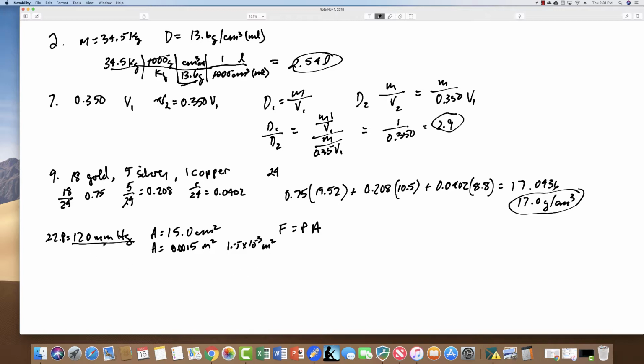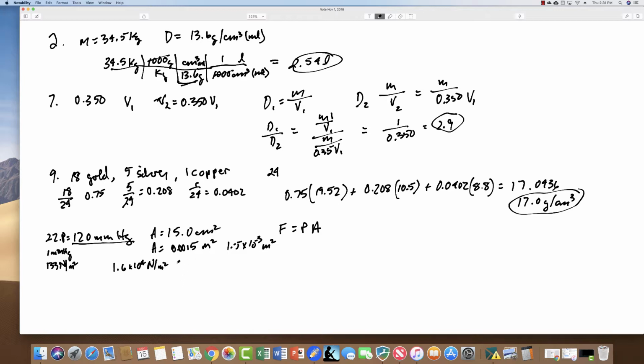And if you look at that table 11.2, you'll see that 1 millimeter of mercury is the same as 133 newtons per square meter. So if you multiply 133 by 120, you get 1.6 times 10 to the fourth newtons per meter squared.